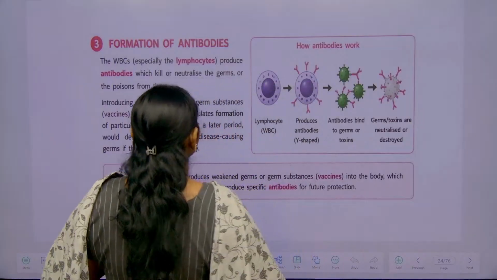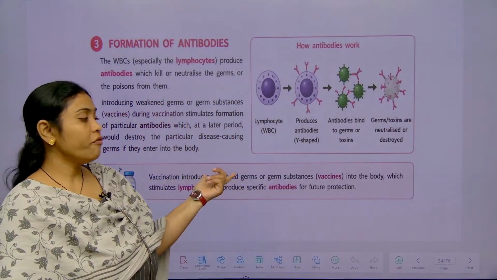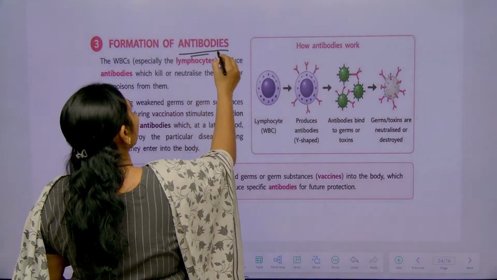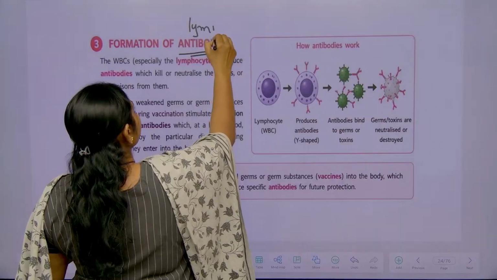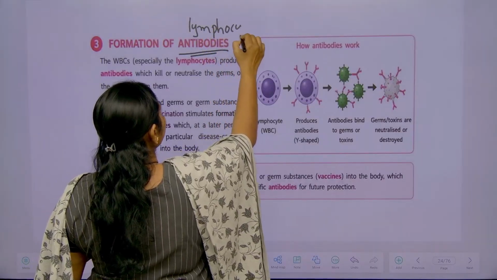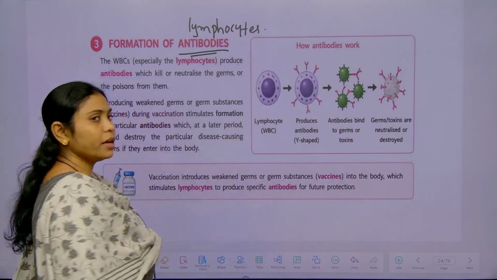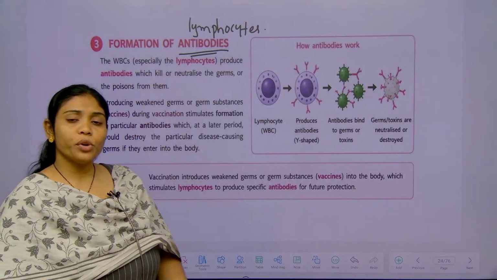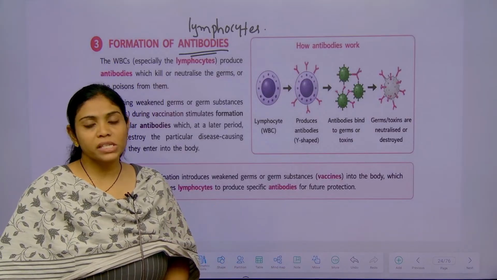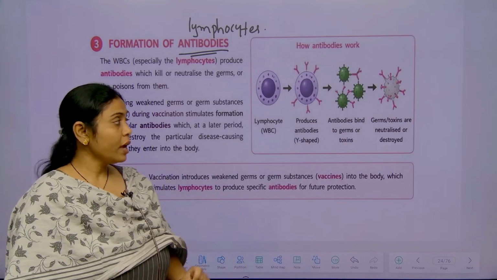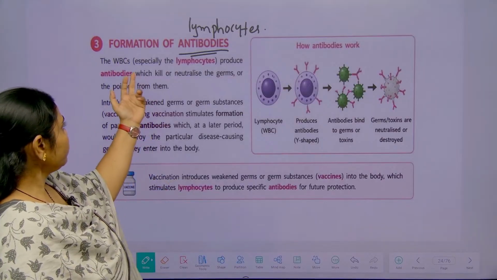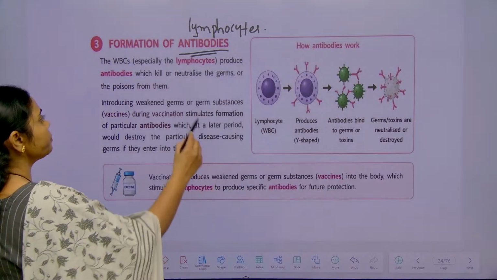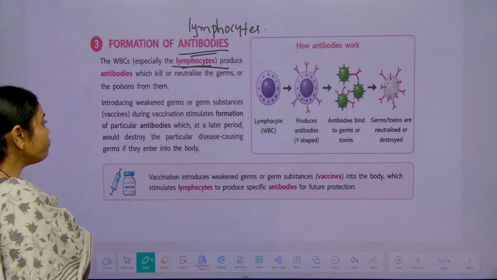Okay, formation of antibodies. Just now we discussed this under the agranulocytes. Antibodies are formed by the lymphocytes; lymphocytes are producing these antibodies. When a toxic substance enters our body, against that toxic substance these antibodies will be formed, especially by the lymphocytes.